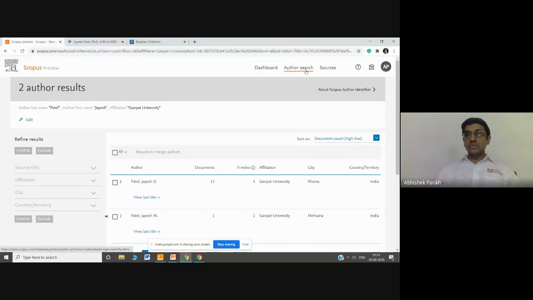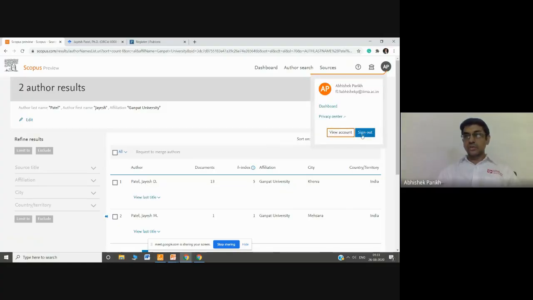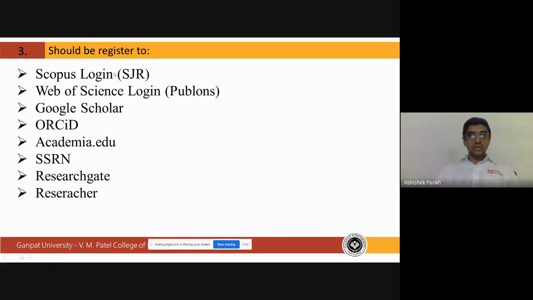Scopus also you can create a profile. This I have already shown as a login. So I need to sign out, and then I can show you from where you can register. But it is a very simple process. Believe me, you can easily create your profile within around 15 to 20 minutes.